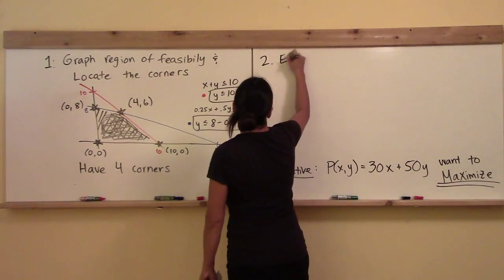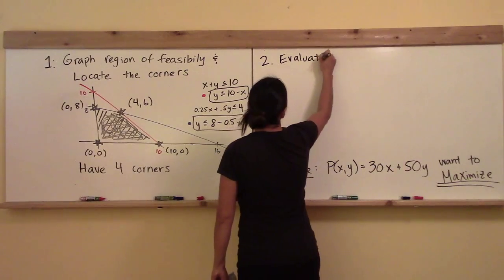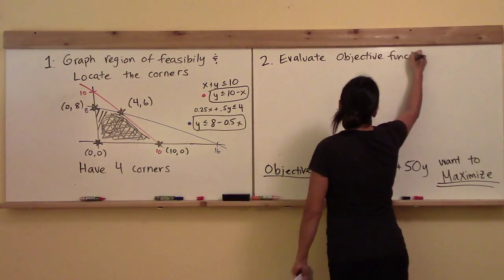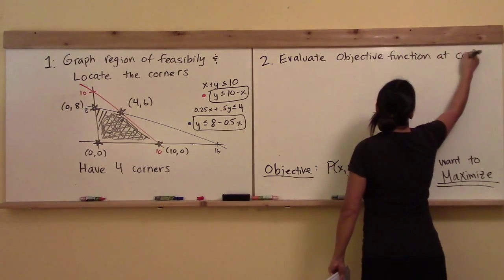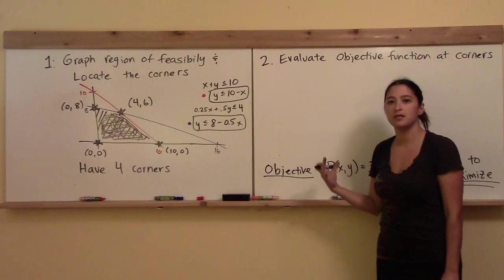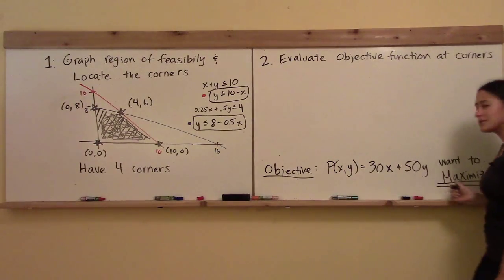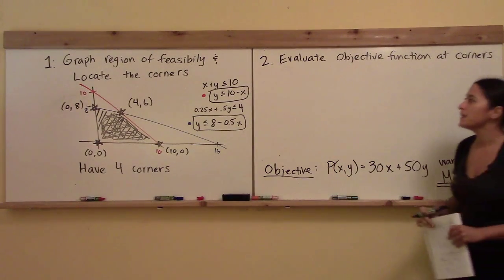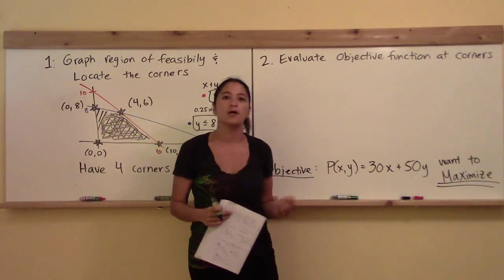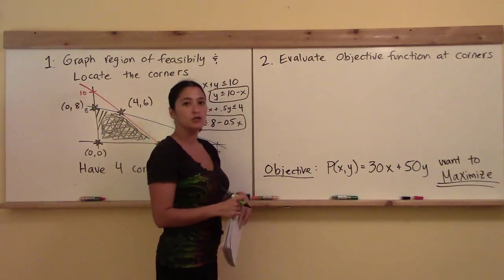Step 2, evaluate your objective function at the corners, and then if you wish to minimize, you would take the corner that gives you the minimal output. If you wish to maximize, which is our case here, then you will take the corner which yields the maximal output of that function of 2 variables.